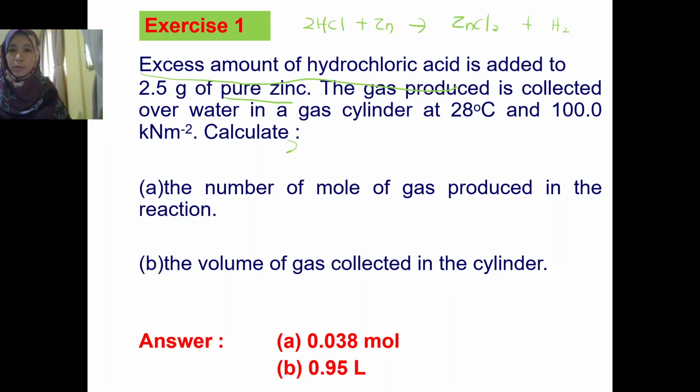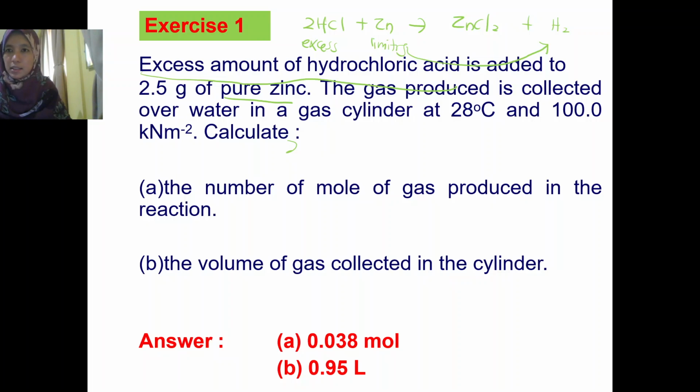Okay, calculate the number of mole of gas produced. Okay, so mole of gas. We need to find the excess. Because HCl is excess, meaning zinc is limiting. So because zinc is the limiting reactant, zinc will determine how many mole of H2 is produced. Okay, from this equation, the relation is 1 to 1.